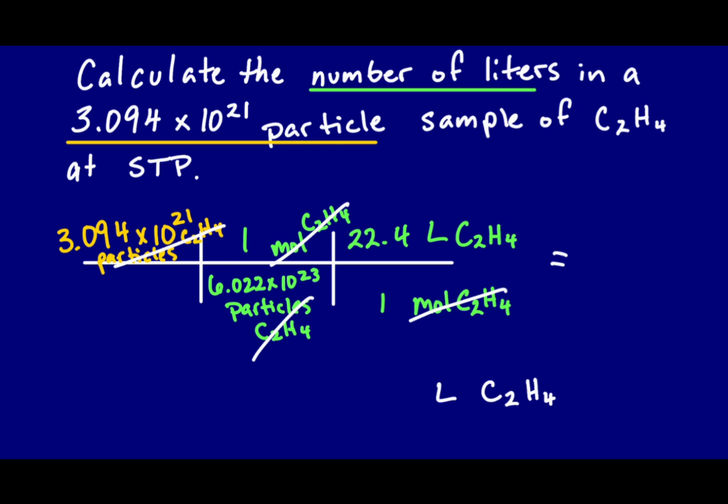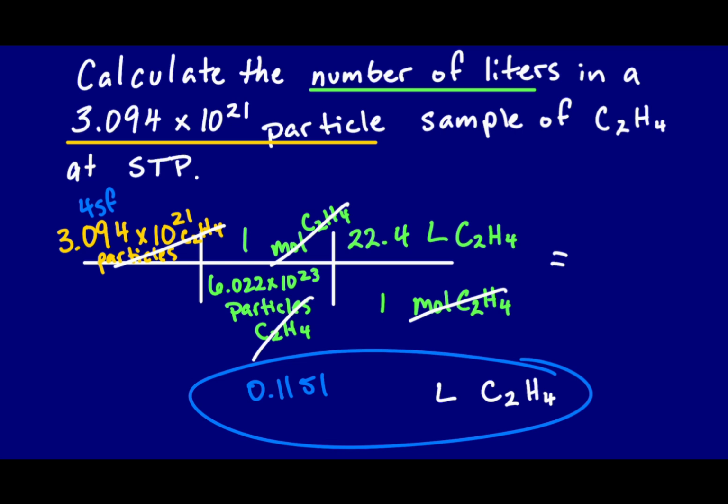We have 4 sig figs for our given value, so that means our final answer should also have 4 sig figs. When we perform our calculation, we get 0.1151 liters of C2H4.